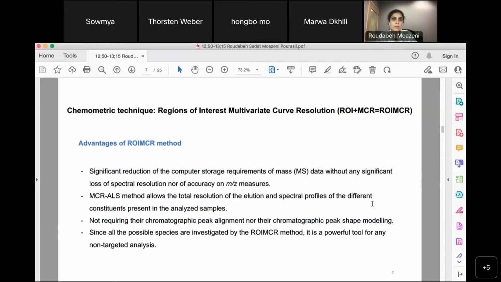So we used ROI-MCR, which is a non-targeted tool for data analysis, for identification and quantification of chemical compounds in synthetic and real dust samples. Please go to the next slide.